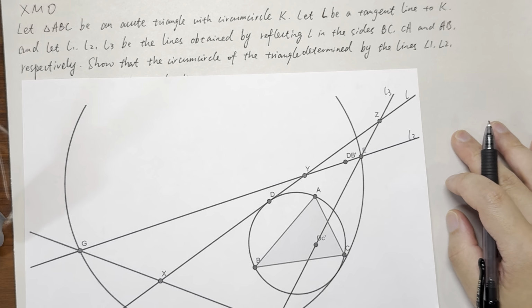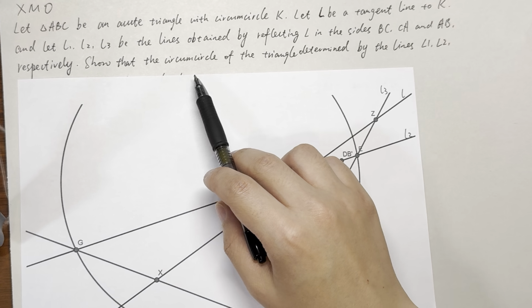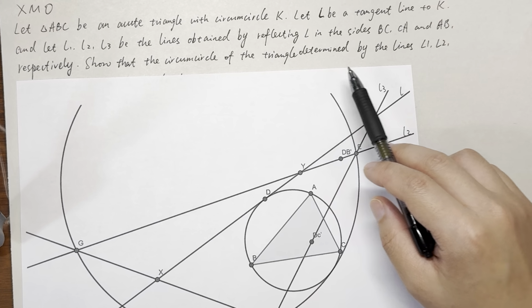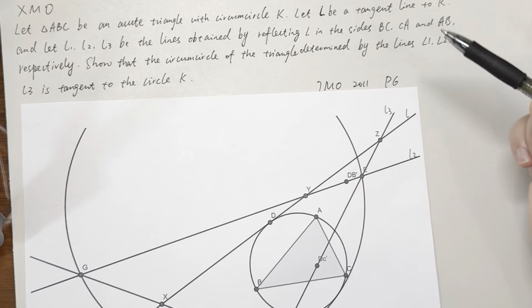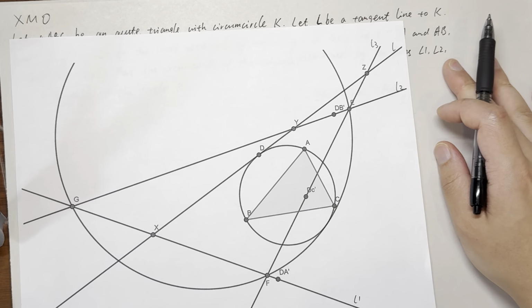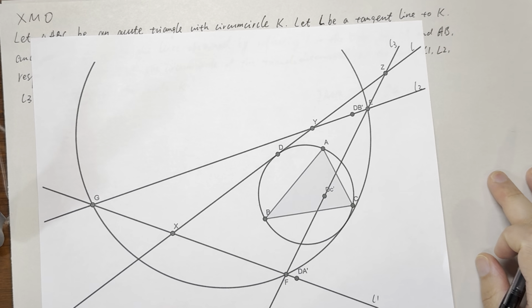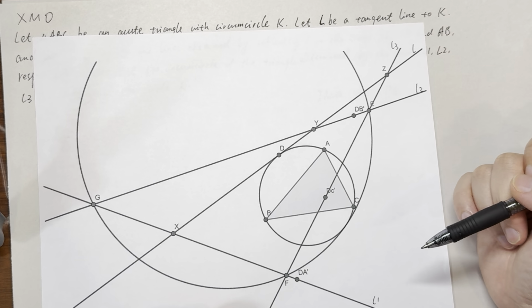And we want to show that the circumcircle of the triangle determined by the lines L1, L2, L3 is tangent to the circle K. So what is the triangle determined by L1, L2, L3?